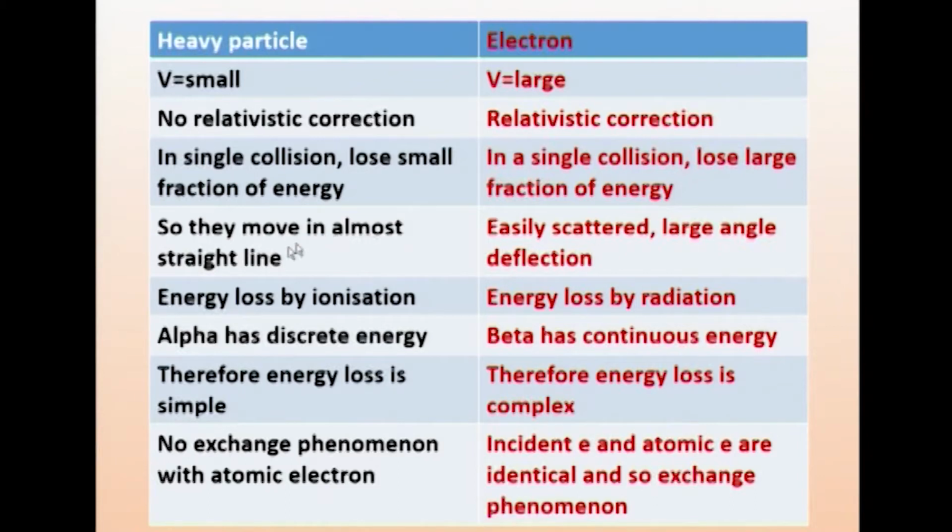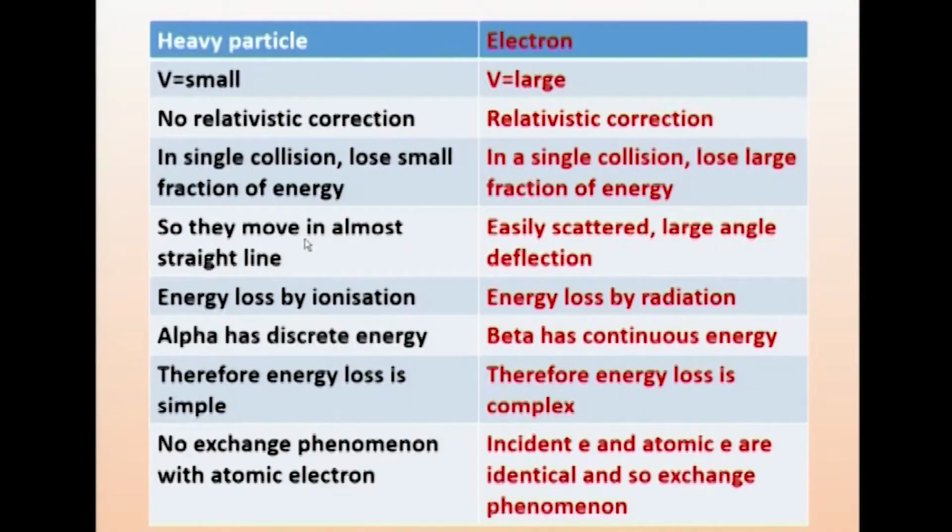They move in almost straight line. So, if we take heavy particle, when they enter the matter, maybe a metal sheet, because it is a heavy particle, it will penetrate and go in almost straight line.